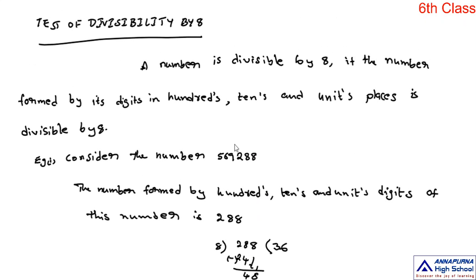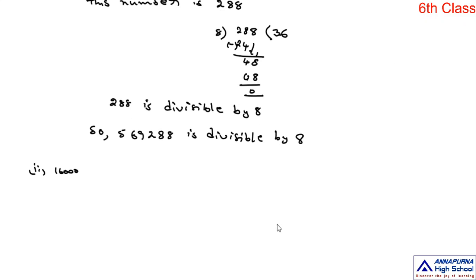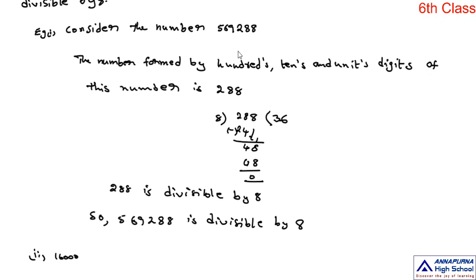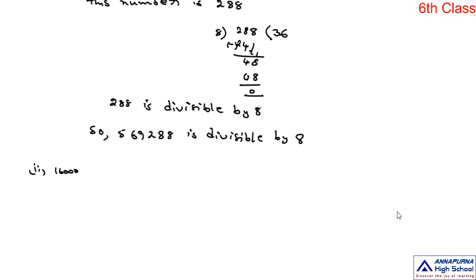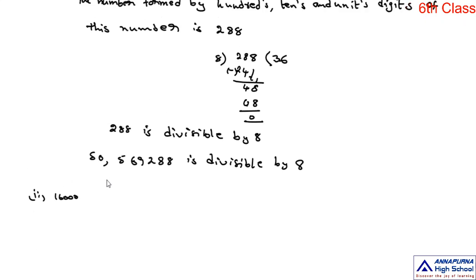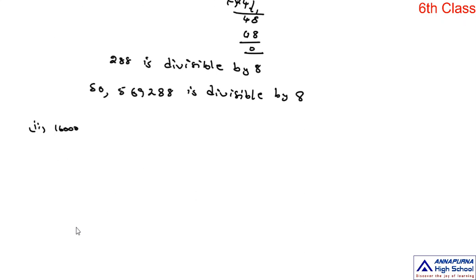So the given number 5,69,288 is divisible by 8. Otherwise, if the number formed by the hundreds, tens and units digits of the given number is not divisible by 8, then the given number is not divisible by 8. Here, 16,000: the hundreds, tens and units places are zeros. It is divisible by 8.